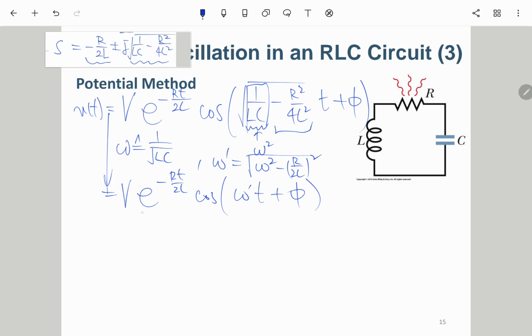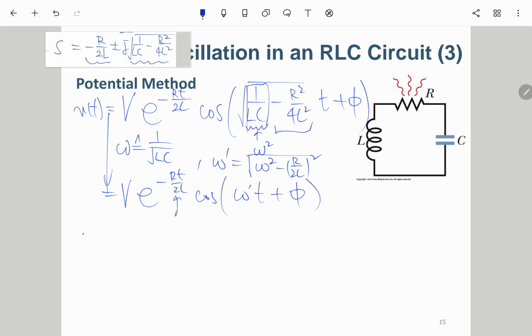So this thing is the real part of the root, and this thing is the imaginary part of the root. It is more or less like that.